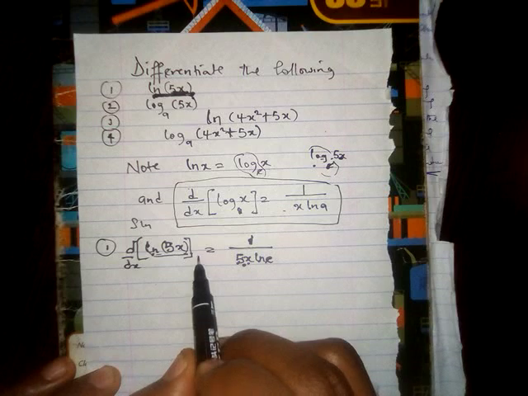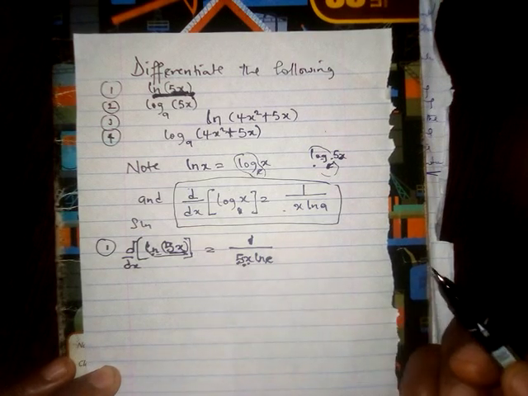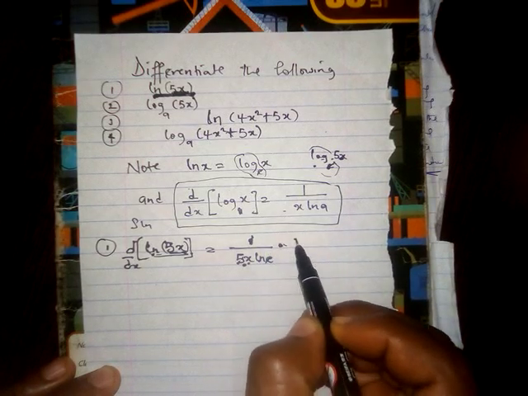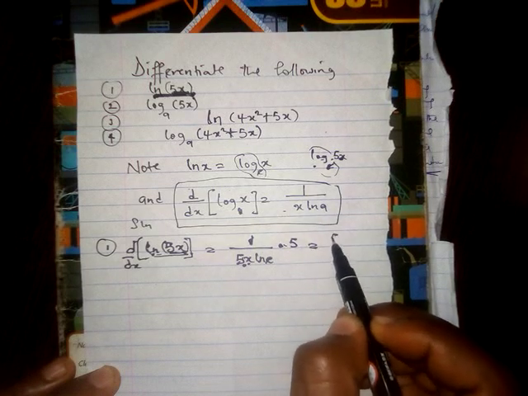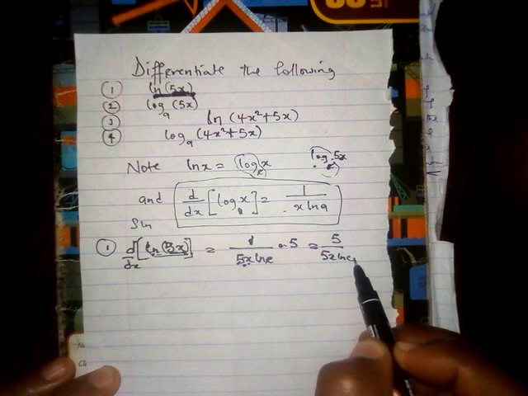Now the next thing we are going to do is differentiate the inner function. If we differentiate 5x, what do we have? We have 5, and then we multiply the two results, so this becomes 5 over 5x ln e.